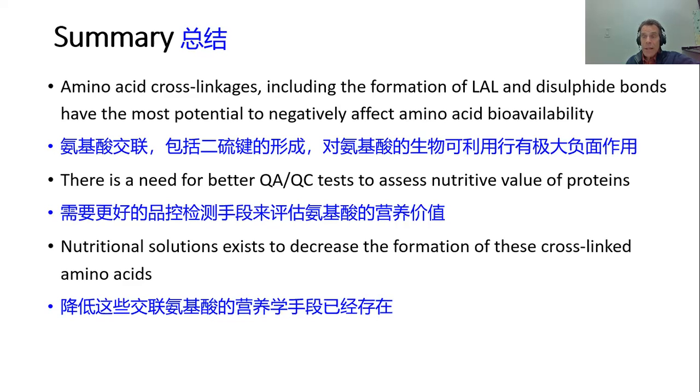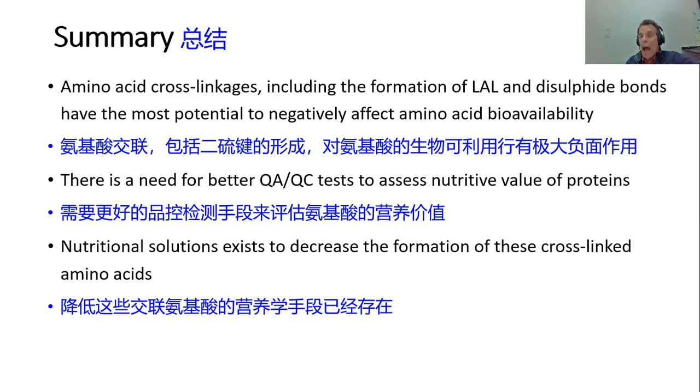Now, there's something that can be done about it. When producing land animal protein, rendered animal protein, some fish meal, even soybean meal, some additives could be used in order to prevent the formation of cross-linked amino acids within the protein and therefore maintain the digestibility and bioavailability of the overall amino acids present in the feed ingredient.